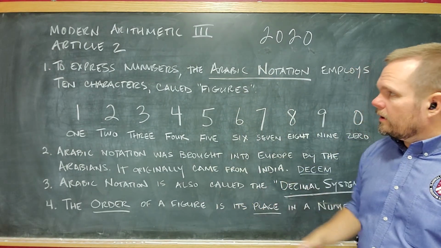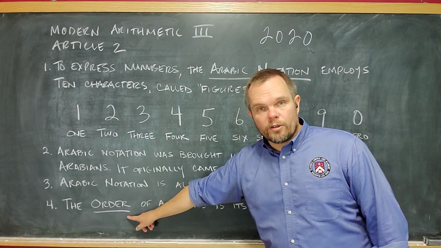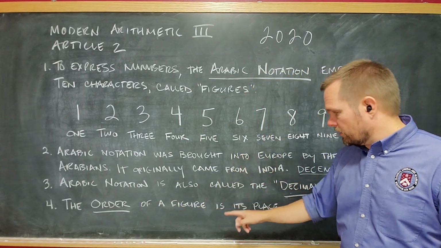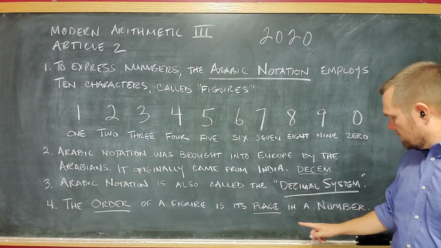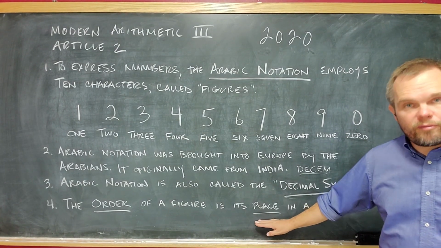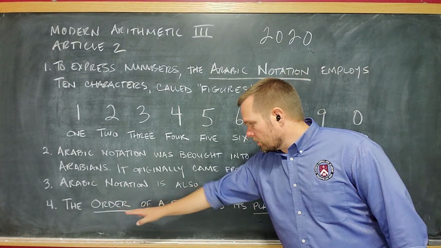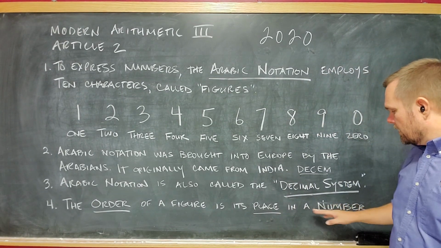But for now, in Article 2, we simply want to learn that the order of a figure in Arabic notation is the place of that figure in the number. I'll say that again. The order of a figure is its place in a number.